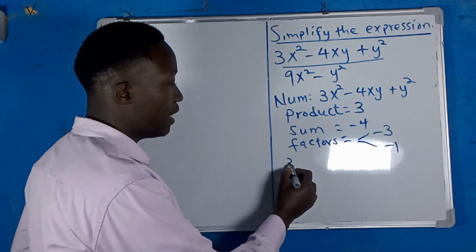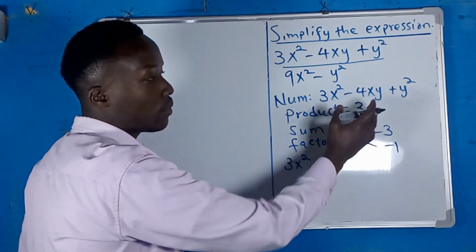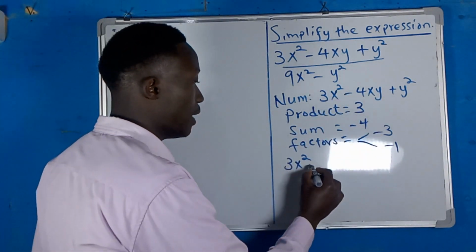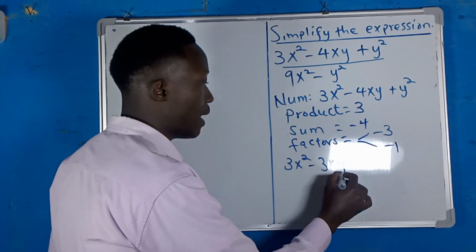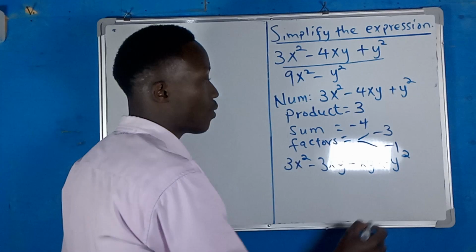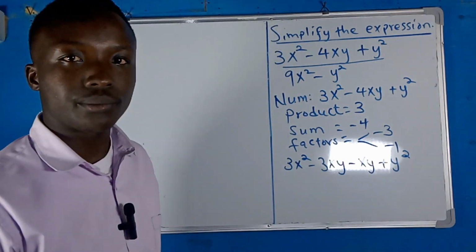So we will have 3x squared. Instead of having minus 4xy, we will replace b with the factors, and therefore we will have minus 3xy minus xy plus y squared. That is our expression.